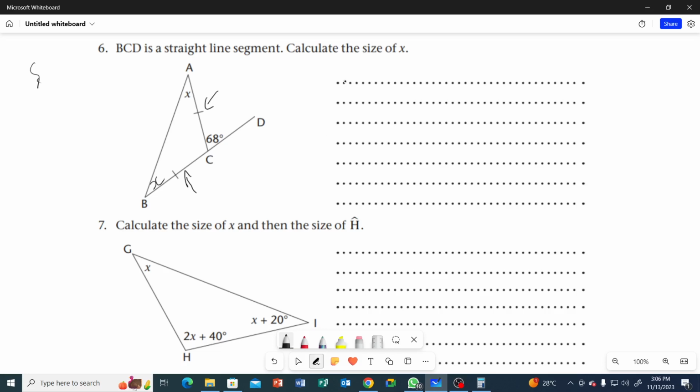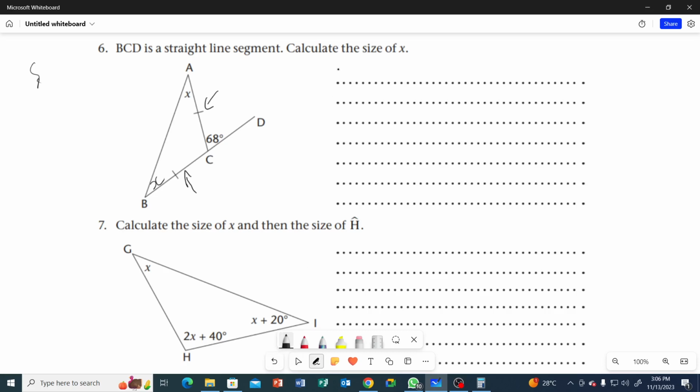Now remember, for every statement that you write, you must also write a reason. So, to find x, I'm going to say x from angle A plus x from angle B. I'm sorry, this will be the wrong route to take.